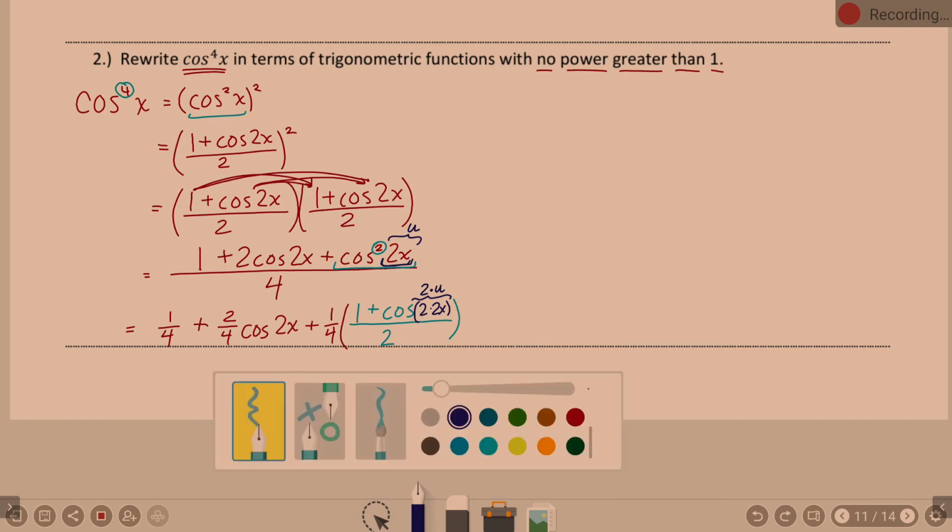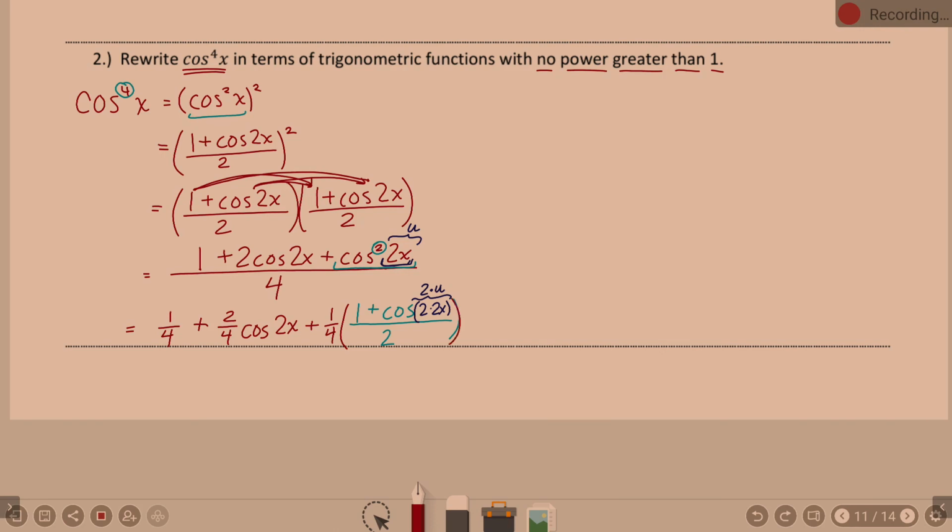Ready to do some cleanup here? My first 2 terms are pretty well cleaned up for the moment, right? 1/4 was 1/4. 2/4 cosine 2x, instead of saying 2/4, I can write it as 1/2 cosine 2x. Now, we have a 1/4 here. And then if we're going to make this in the form like everything else, we need to take this fraction and do what we did earlier.